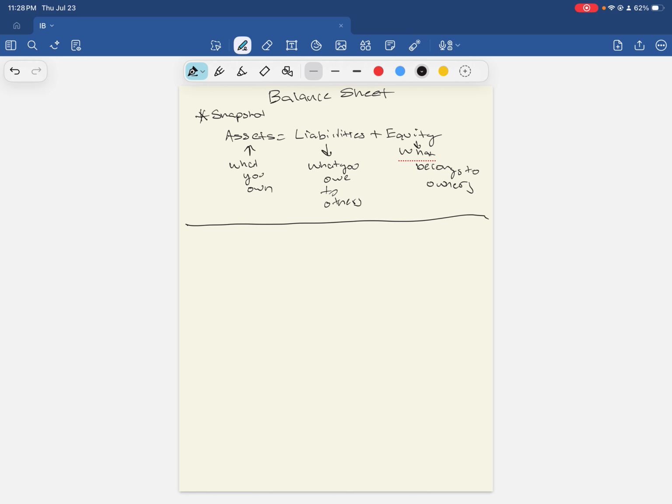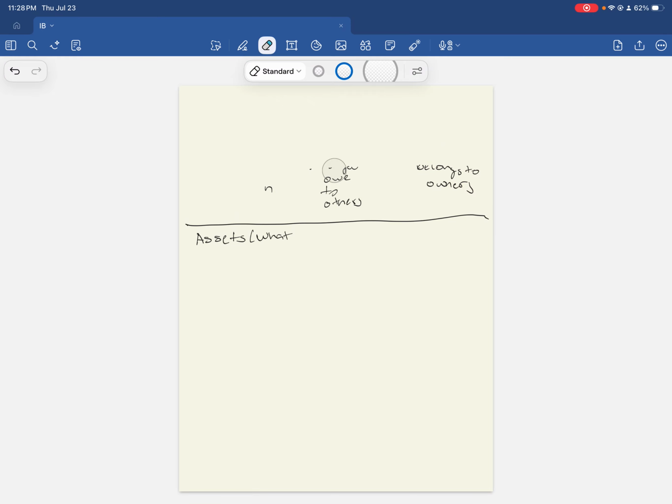So now let's make out a proper balance sheet. You're going to have your balance sheet, your date, and first you start off with your assets. Honestly, we could make some more space, so let's erase this.